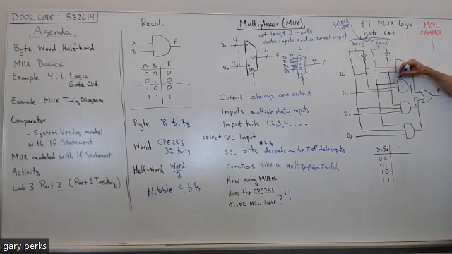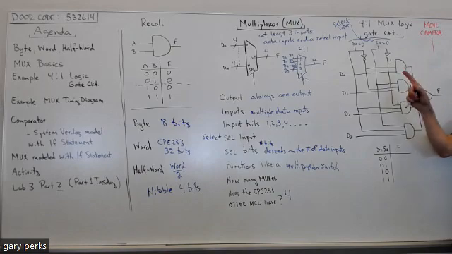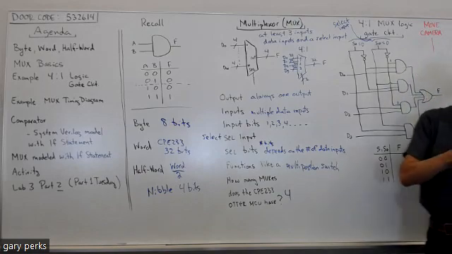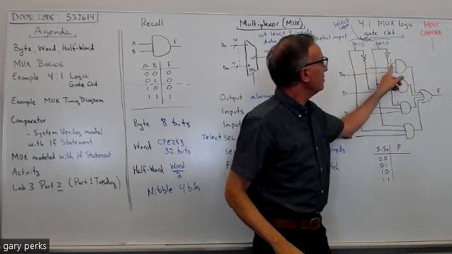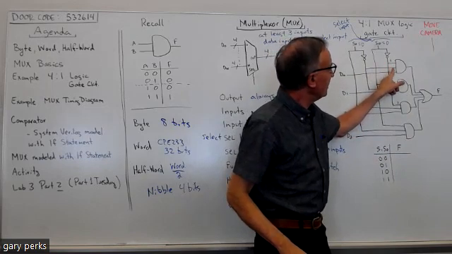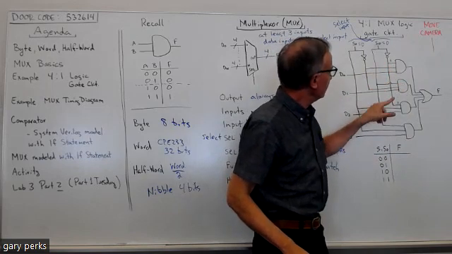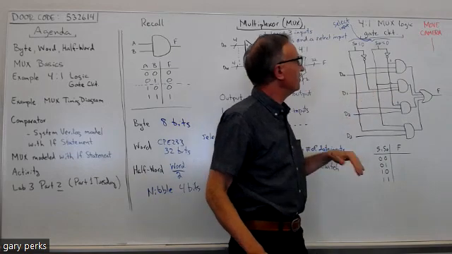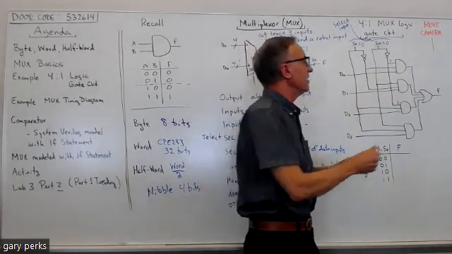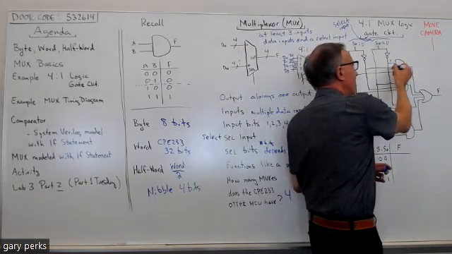There'll also be a 1 at this input, because this input of this AND gate is connected to the input of this AND gate. Now, before we go further, I should point out that where lines cross, like here and here, there's no connection. If there was a connection, there'd be a dot.